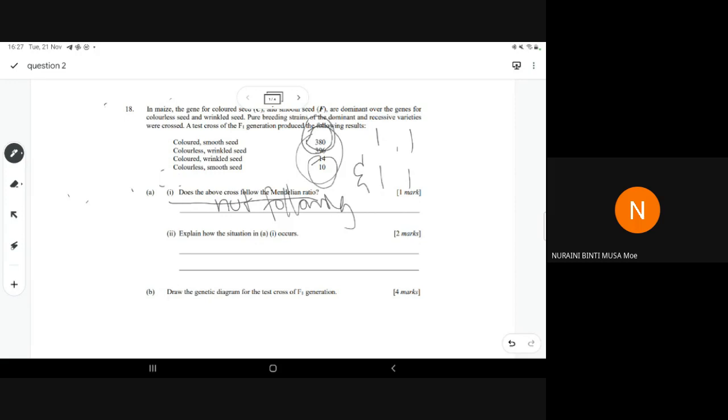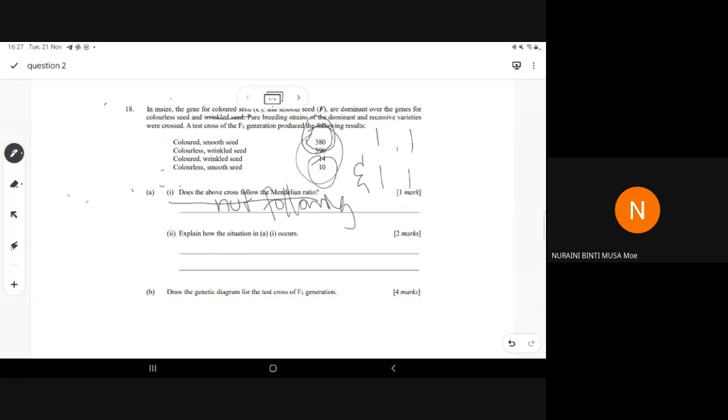Basically, ayat dia ialah you just say that the genes for the color of the seed and the genes for the texture of the seed coat, okay, the genes for colored seed and the genes for smooth seed tu, they are actually linked on the same chromosome.